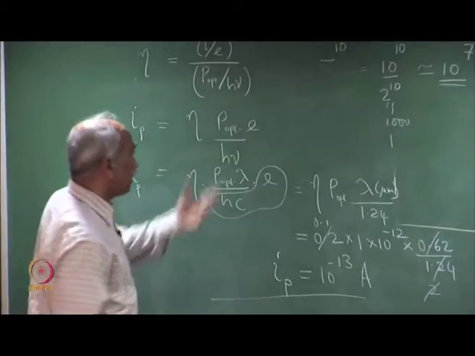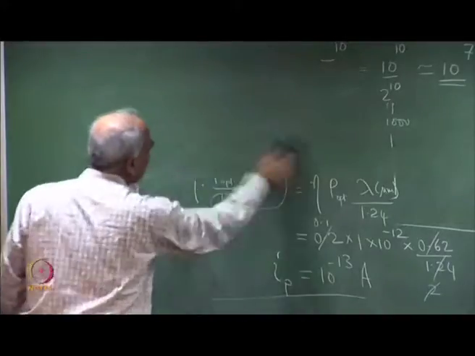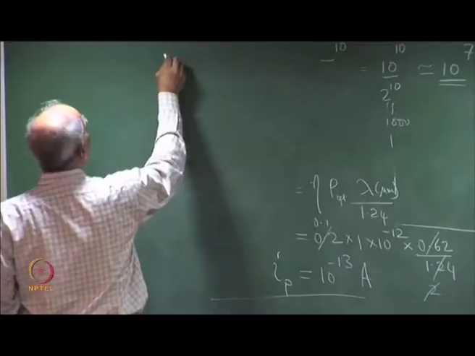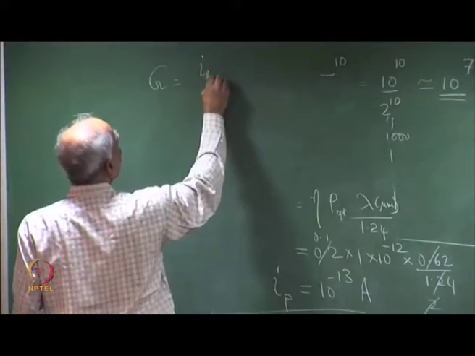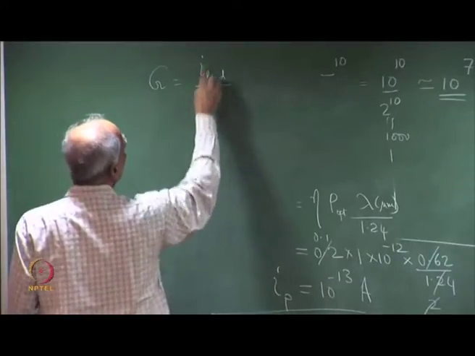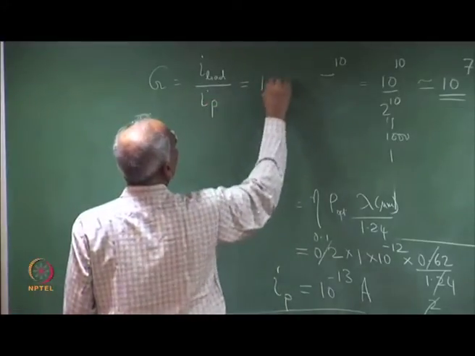However, for the current which comes out at the output, we have a gain of 10 to the power of 7. So gain, which is equal to I at the load resistance, the output current, divided by I primary, is equal to 10 to the power of 7.